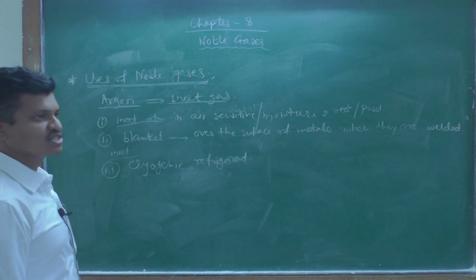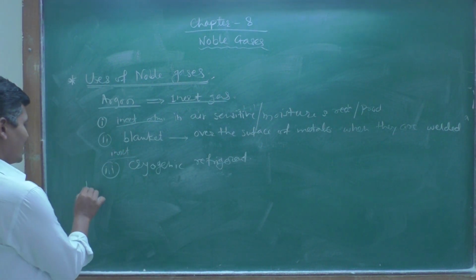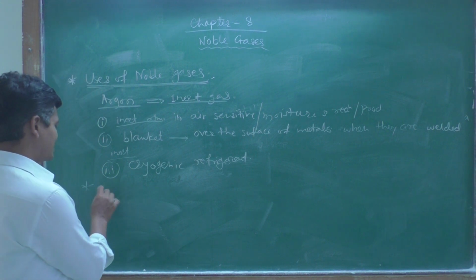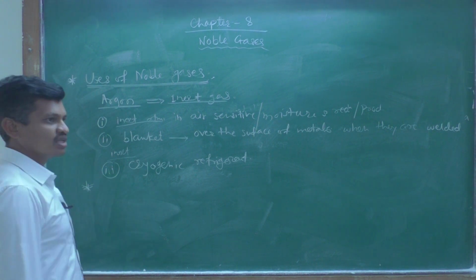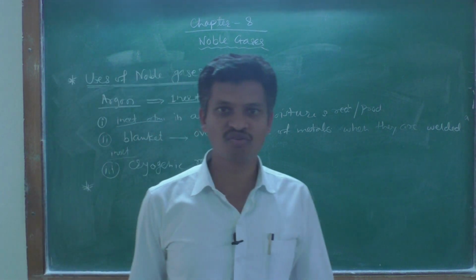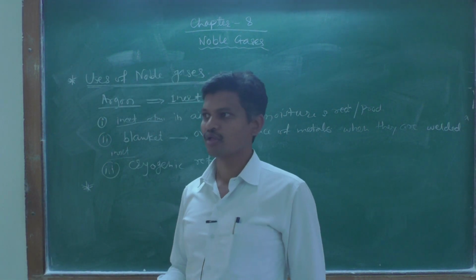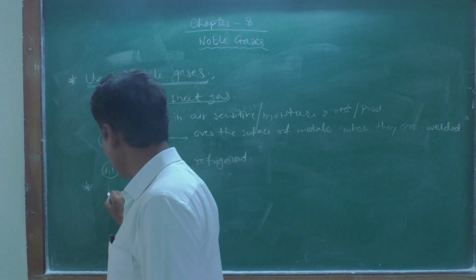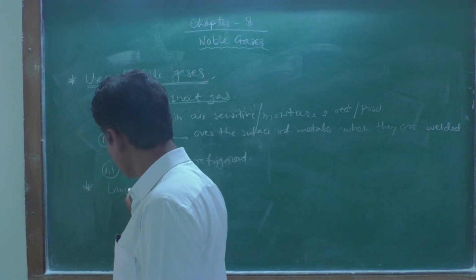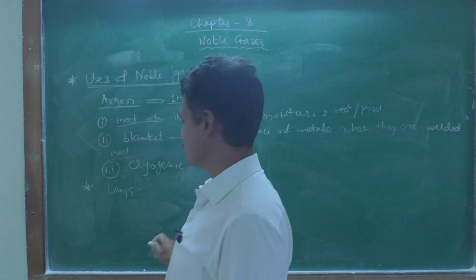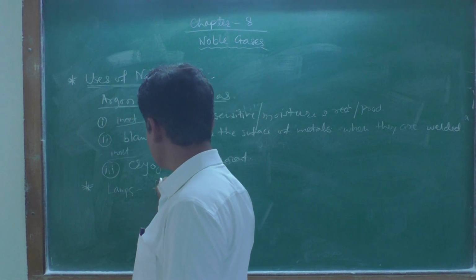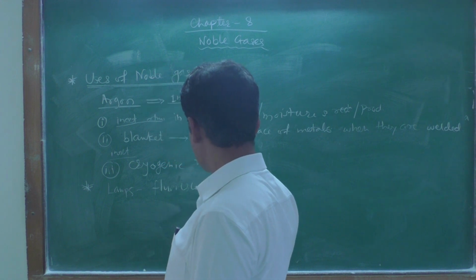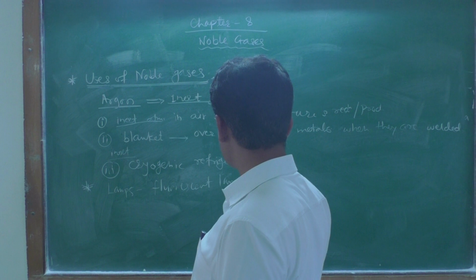So these are some uses of argon gas, and there are some miscellaneous uses of inert gases. They can be used for the production of lamps, for example fluorescent lamps, then LEDs.